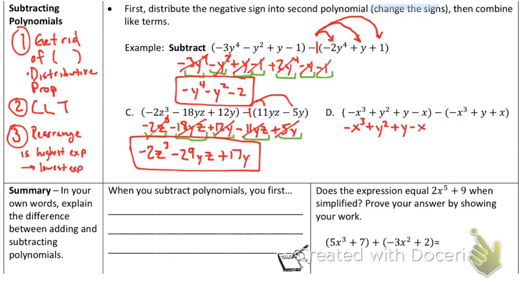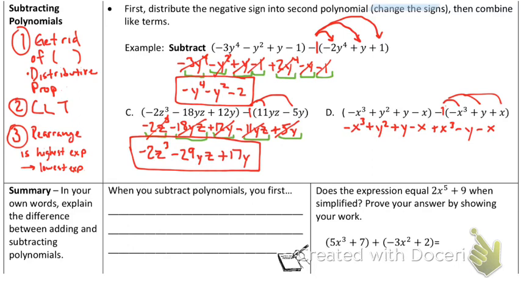And then I'm going to distribute this negative 1. And we end up with positive x to the third minus y minus x. And then we combine like terms.